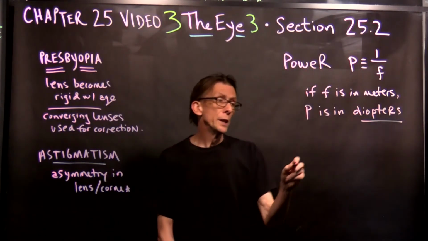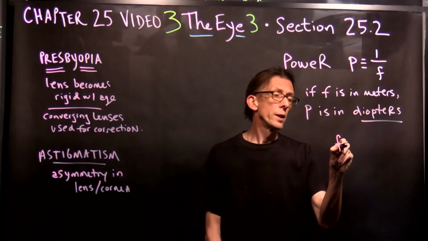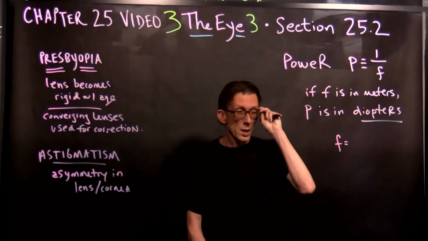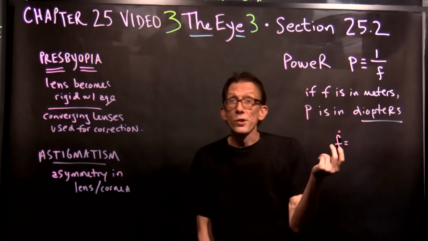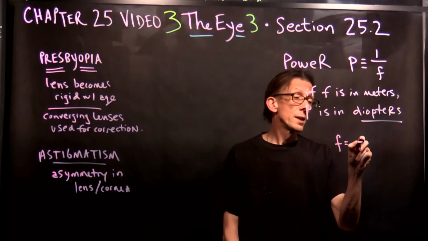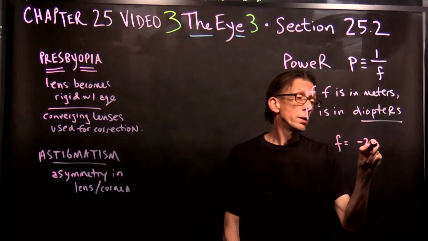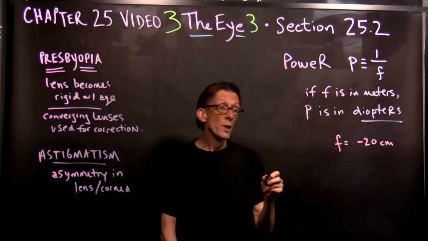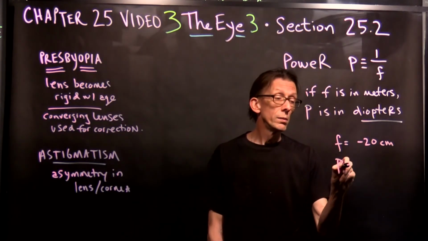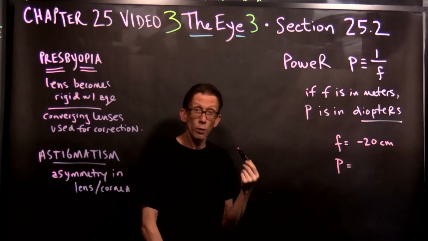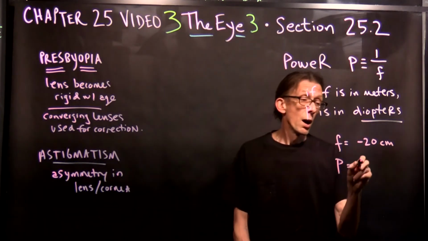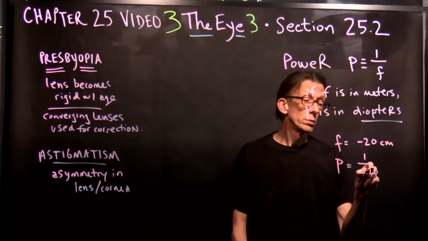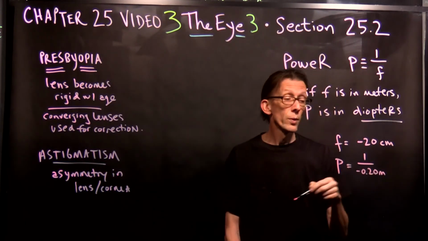So for example, if the focal length of your lens, of your eye, or corrective lenses is, say they're diverging lenses, say the focal length is minus 20 centimeters, okay, then the power that you need for the corrective lenses is 1 over minus 0.20 meters, right?